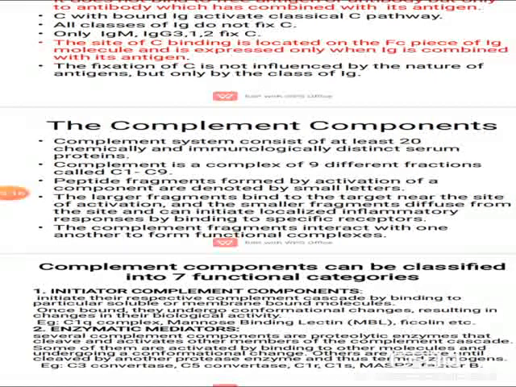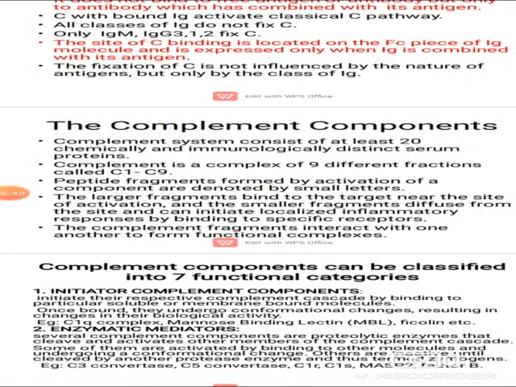Peptide fragments formed by activation of a component are denoted by small letters. The larger fragments bind to the target near the site of activation, and the smaller fragments diffuse from the site and can initiate localized inflammatory responses by binding to specific receptors. The complement fragments interact with one another to form functional complexes. So this is all about the complement components.